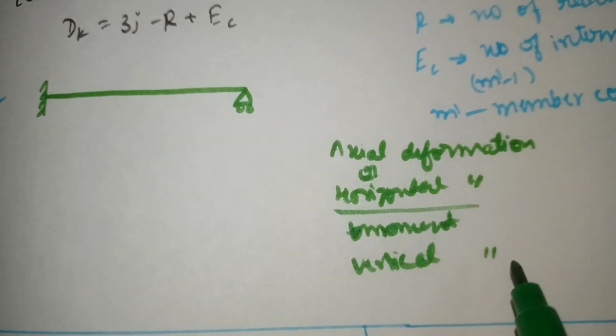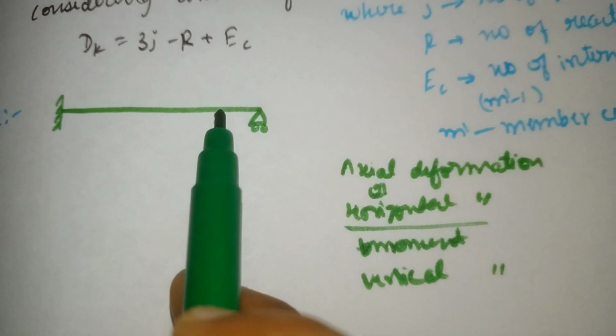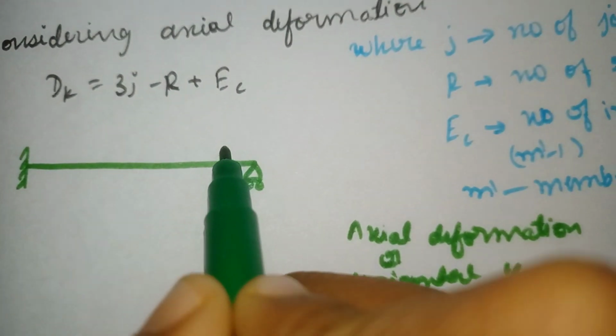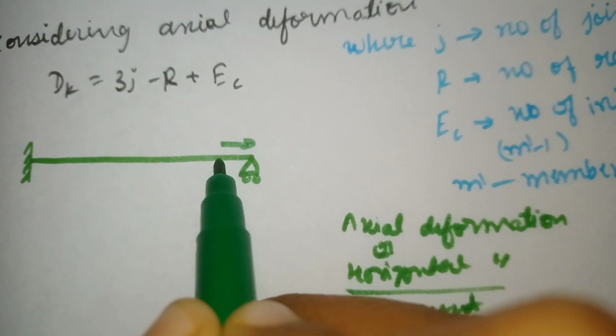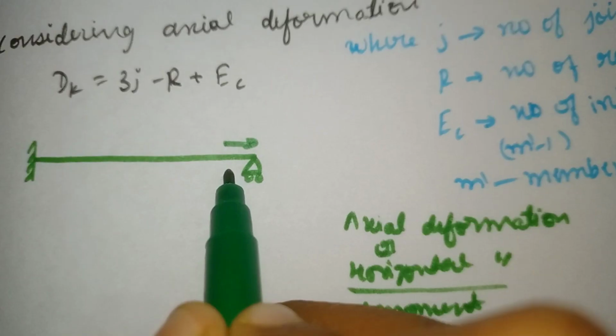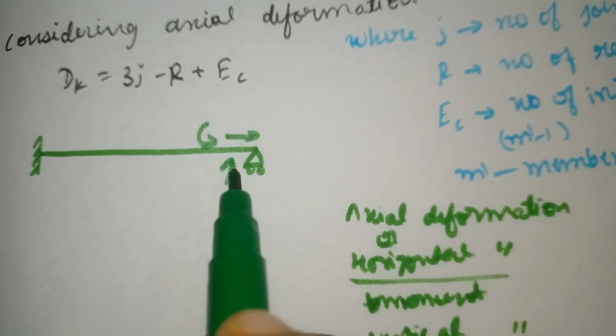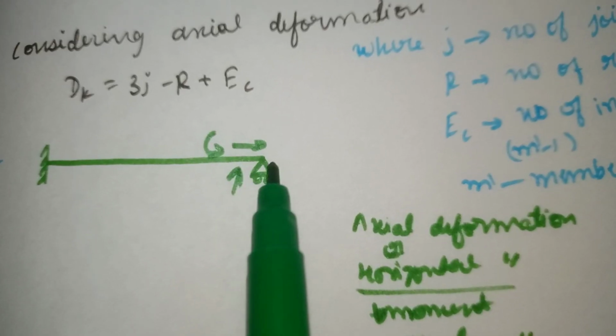The possible deformations at a joint are three: horizontal or axial, vertical, and one moment.